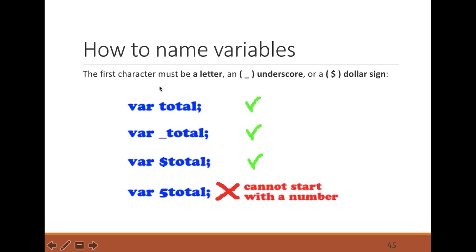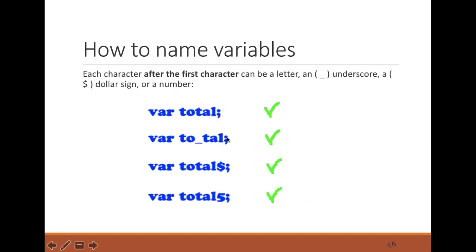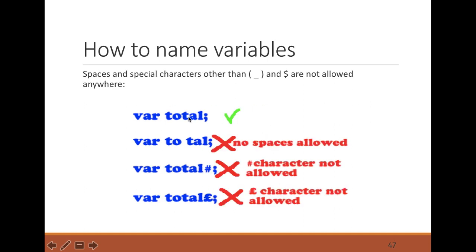Okay, this is the slide to show you how to name variables. This is okay, this is okay, this is okay, but this is not okay because it starts with a number. Then this is something that you have to bear in mind, that you can make use of underscore and $ sign in the correct way. All right. This is something that cannot be accepted in JavaScript variables.